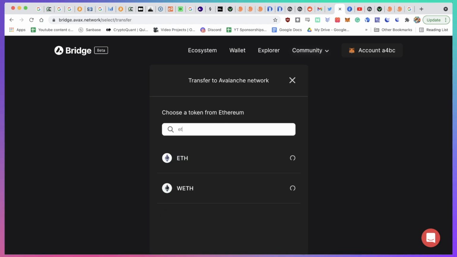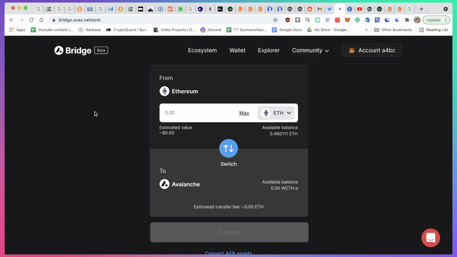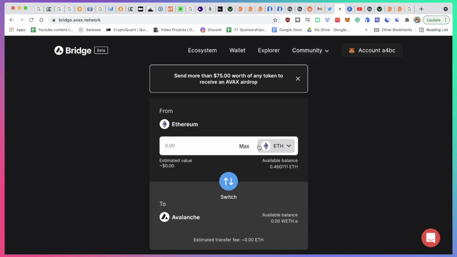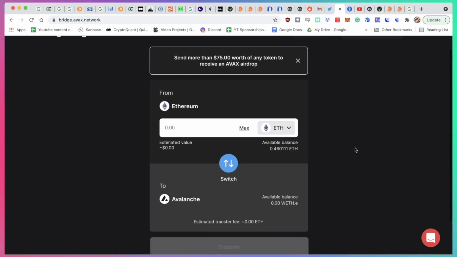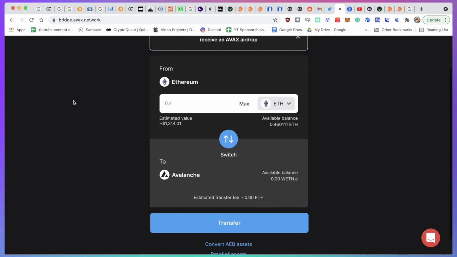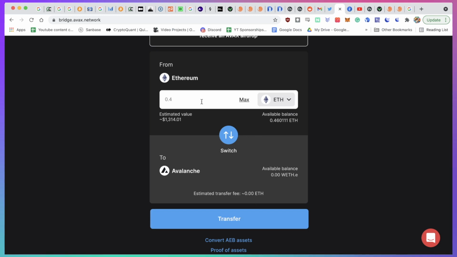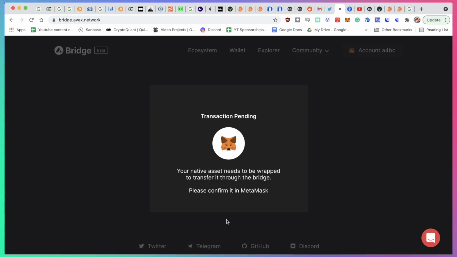I've got 0.46 ETH on my Ethereum MetaMask wallet, and I'm going to send, let's say, 0.4. I'm always going to have to keep a bit of ETH on the Ethereum side so that I can pay for transaction fees. And I'm going to send this to wrapped ETH, but it's going to be on the Avalanche ecosystem. So I just click on transfer.